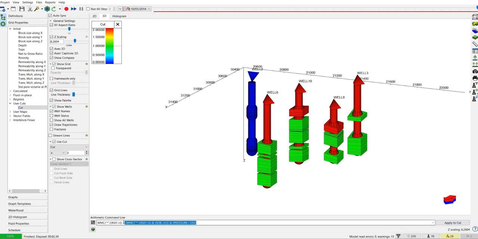If the cells or blocks meet both conditions, this plus this, we will have red color. So the first condition is this one, that it is a producer to be exact. And of course, these four wells are producers. And for cells or blocks that only meet this only or that only, it will be colored green.